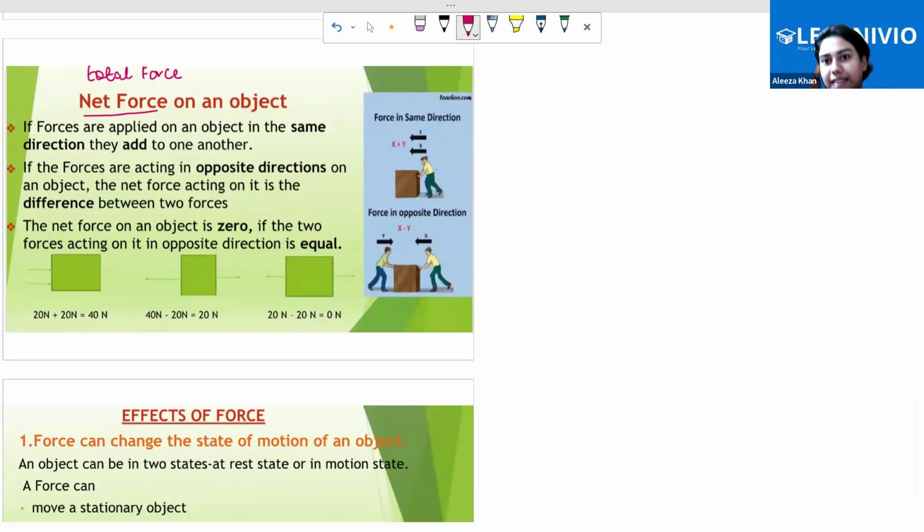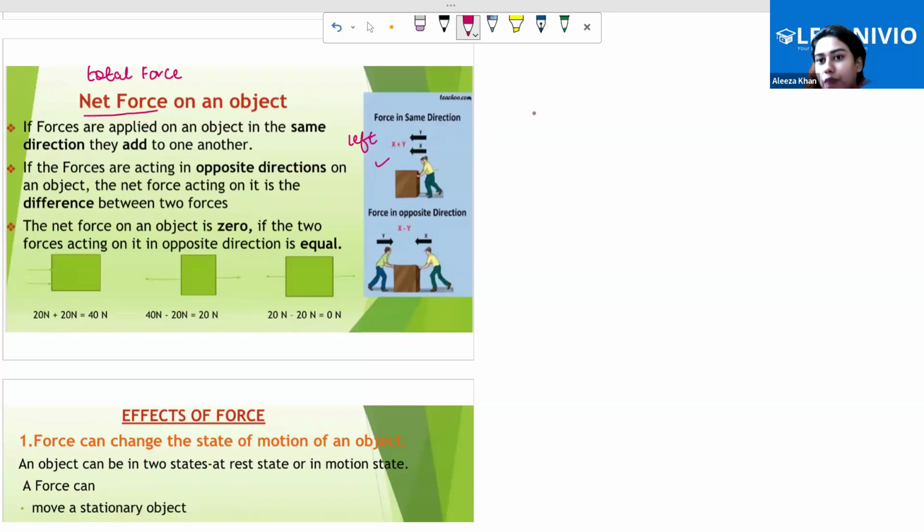Okay. Let's say this box is the object. If you can observe in this first diagram, two people are pushing this object in the left direction. That means the net force applied by the two people in the same direction will be added together. Got it?